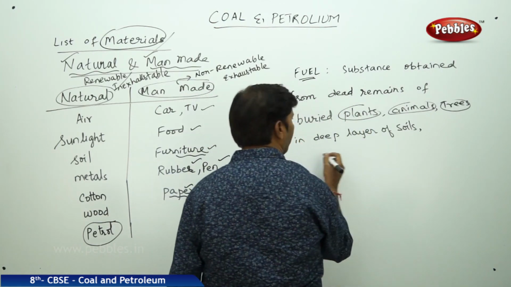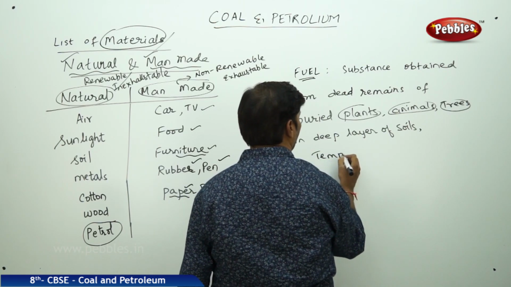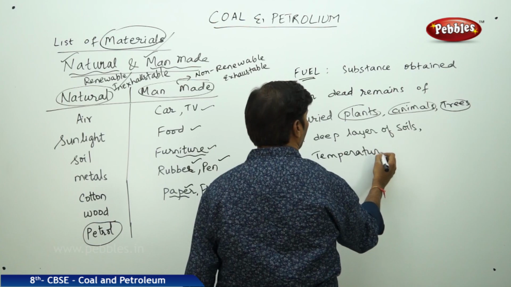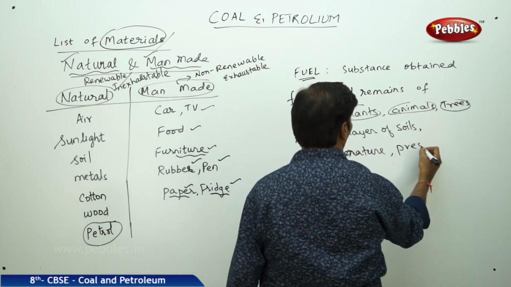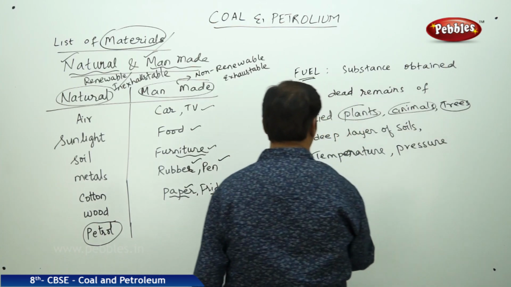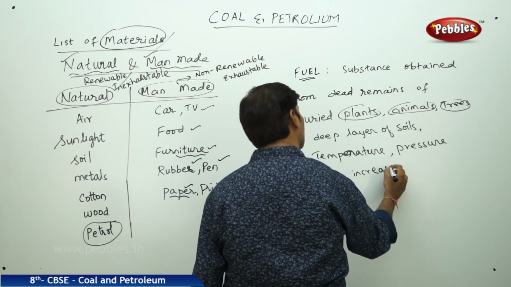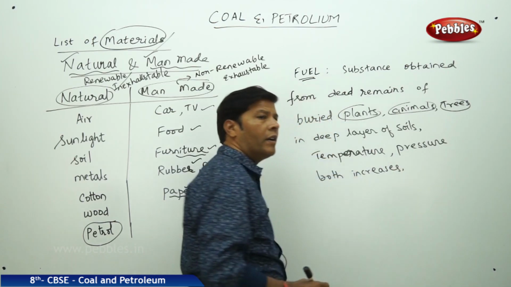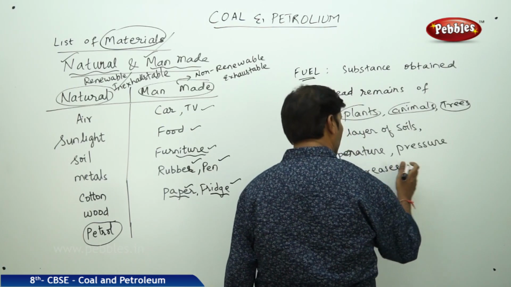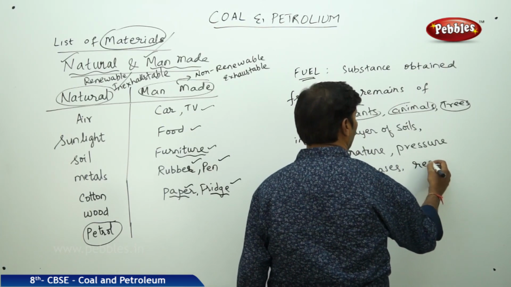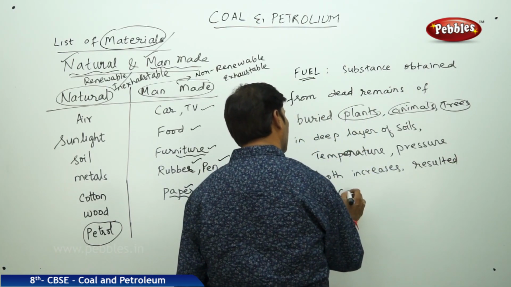You find that there is an increase in temperature and pressure, both were increased, and as a result, a special type of process takes place and results in carbonization.